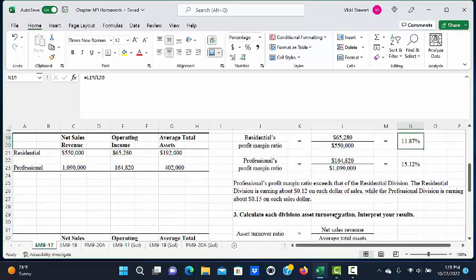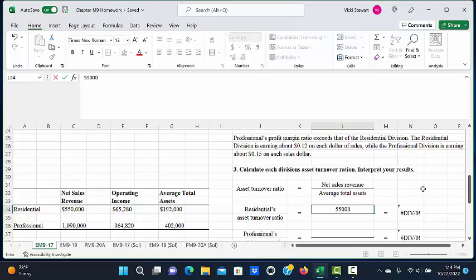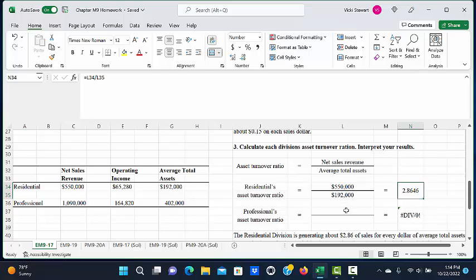In Part 3, it asks us to calculate each division's asset turnover ratio and to interpret the results. The asset turnover ratio is equal to the net sales revenue divided by the average total assets. For the residential division, we divide the net sales revenue of $550,000 by the average total assets of $192,000, and we get an asset turnover ratio of 2.8646.